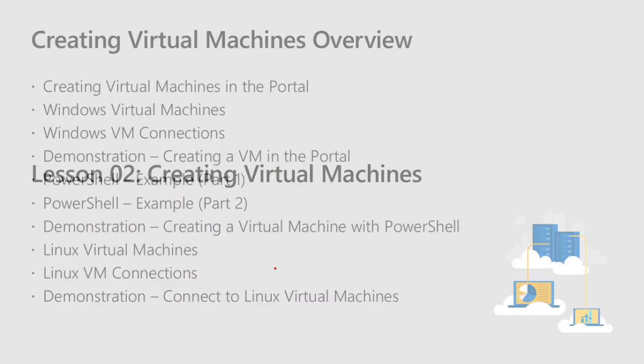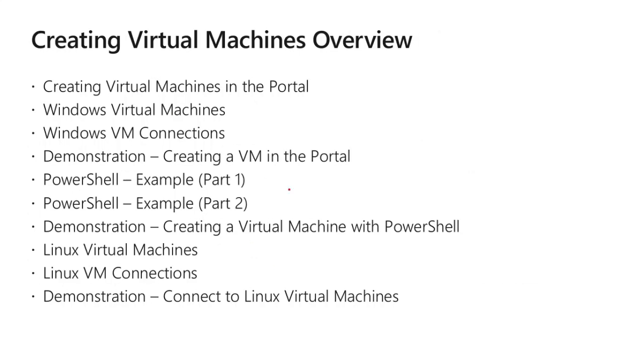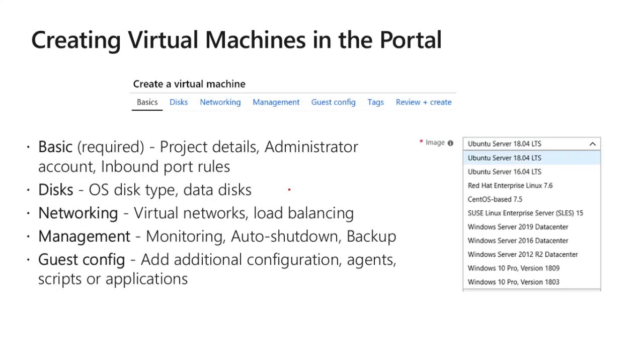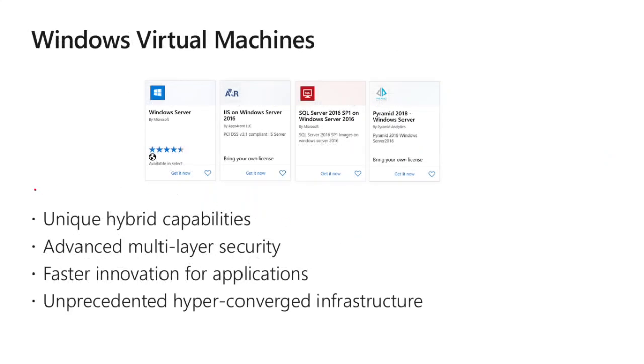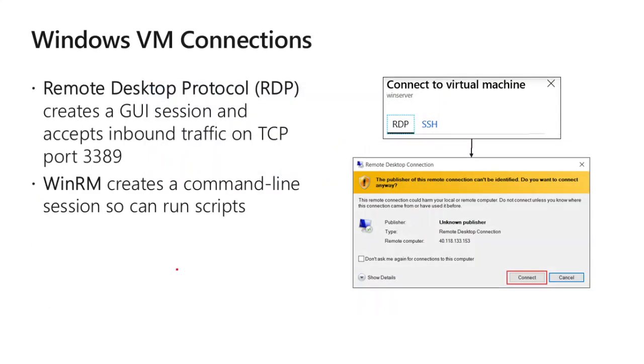How do we deploy a virtual machine? We just connected to a virtual machine. How did we deploy it? We gave the basic requirements and the networking requirements, then we deployed our virtual machine. How do we connect? We connect from the Remote Desktop service, and if it's a Windows machine, it connects on port 3389.